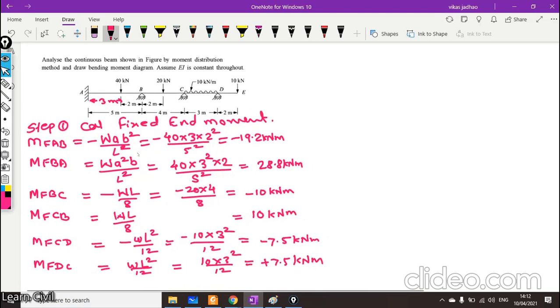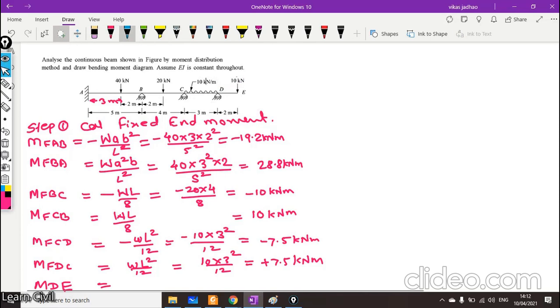And last, for this span DE, you can see it is an overhanging portion. It is a cantilever overhanging portion. Therefore, the bending moment will not be fixed. It will be the final end moment, MDE.